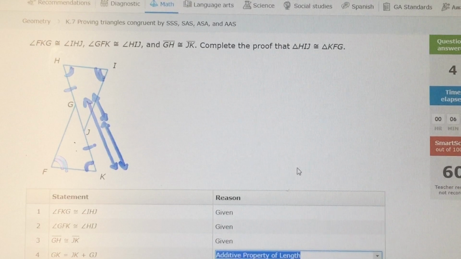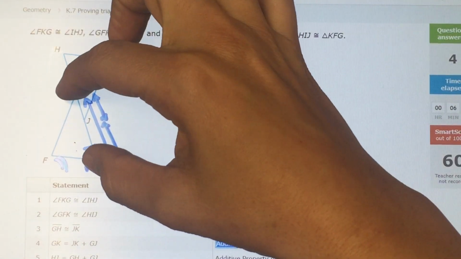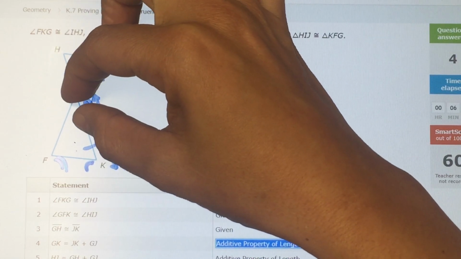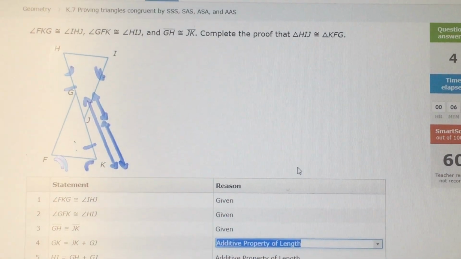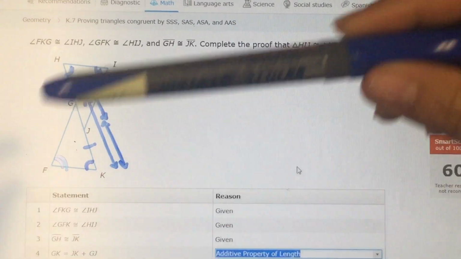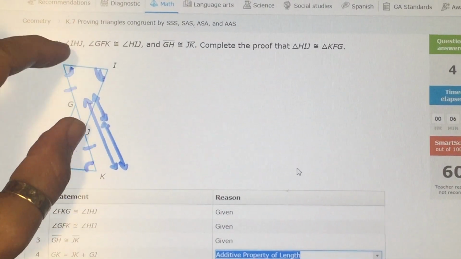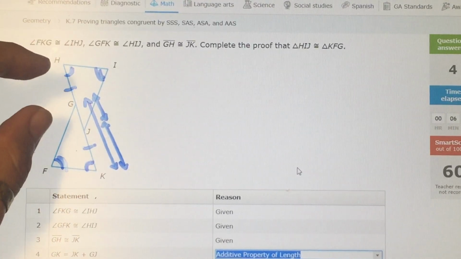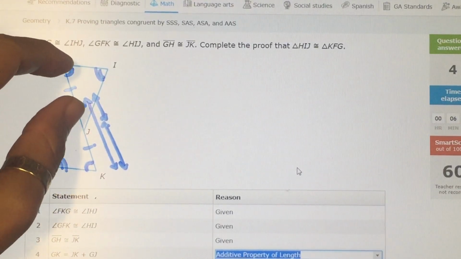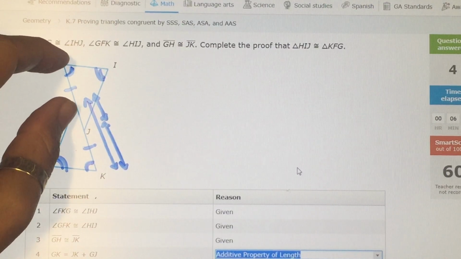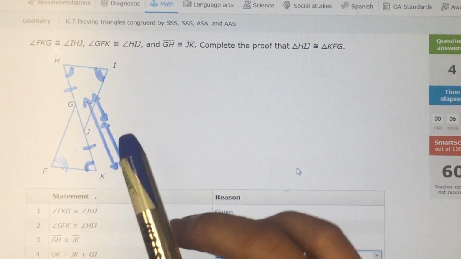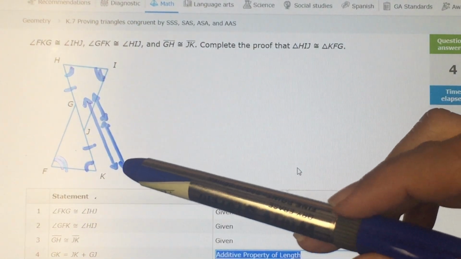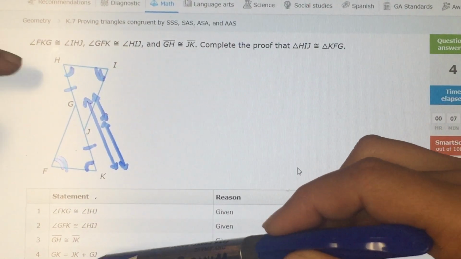Then why is GK equal to GH plus GJ? Oh, because we substituted it. So let me see if I can explain that to you. This plus this is the whole thing, and then this plus this is the whole thing, right? So now they're saying that the whole thing here, you can say it's GH and GJ.